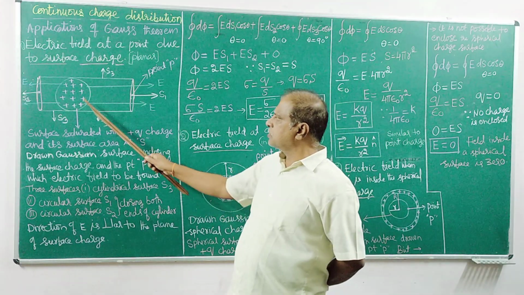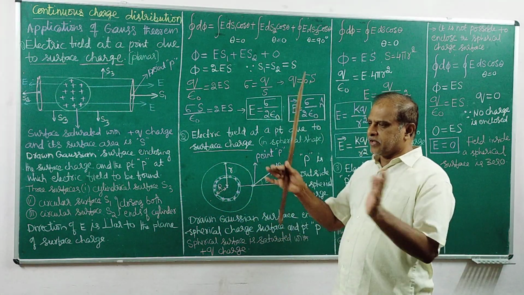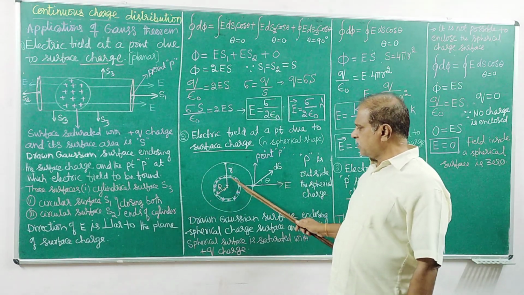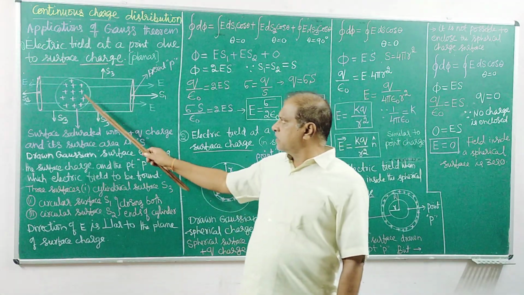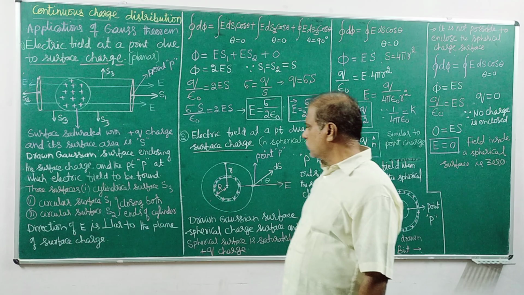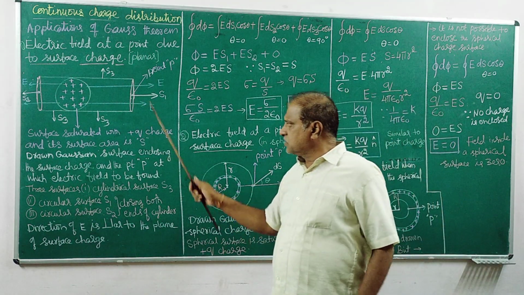This is planar shape. This is spherical shape, just like a ball. The charges are on the surface of the sphere. The charges are on the surface of the plane. The plane here is taken as a circular plane. So this is a surface charge.